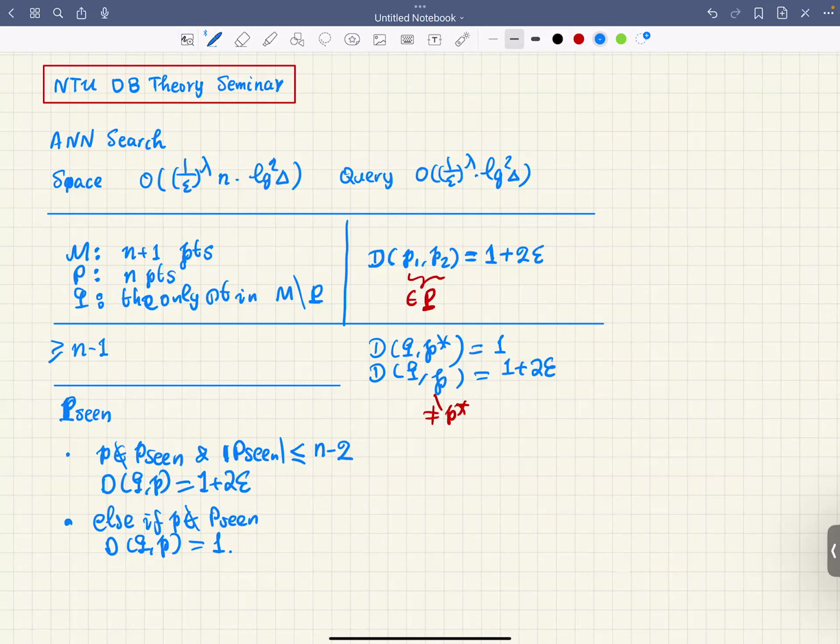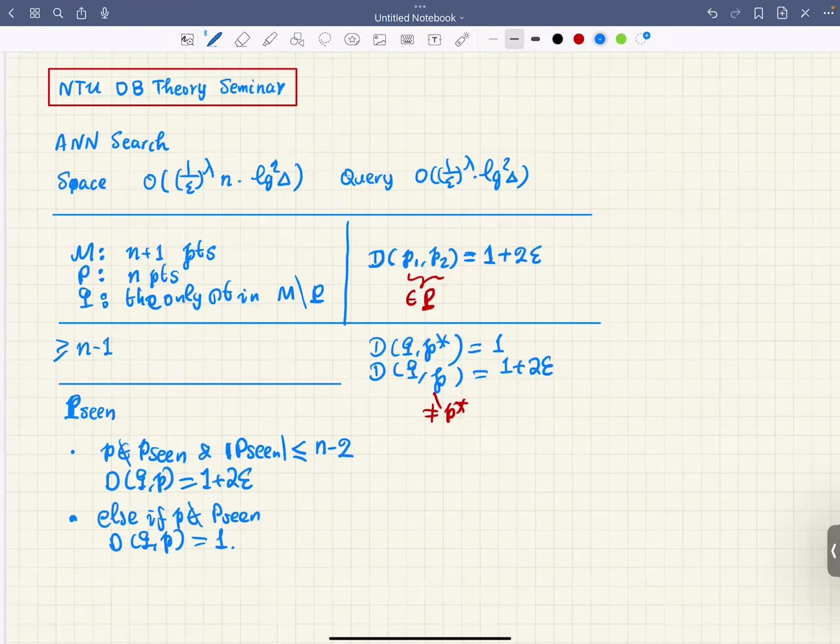Because according to this model, after getting n minus 1 distances, you see that all of them are 1 plus 2 epsilon. I'm sure you will be smart enough to skip the last distance, because the last distance will have to be 1. So that will have to be P star. Therefore, no matter how smart you are, you will have to ask n minus 1, and n minus 1 is already the best you can do under this model.